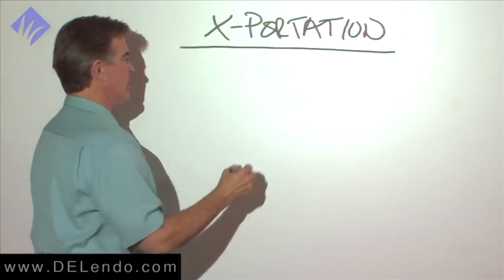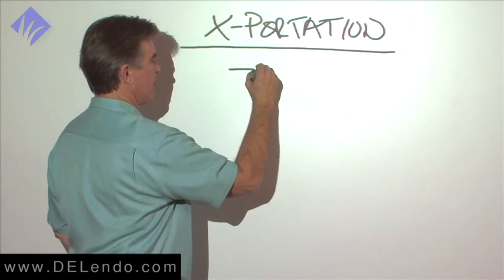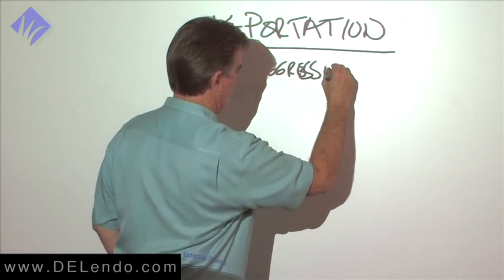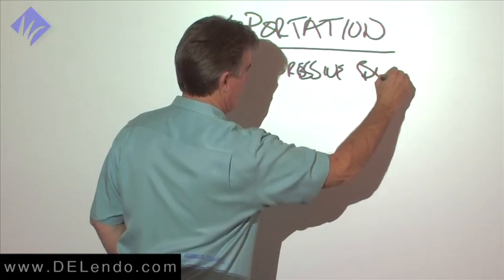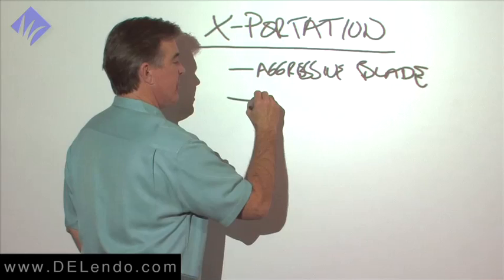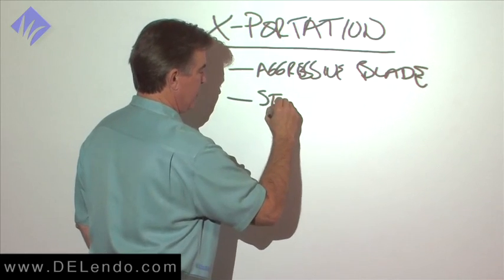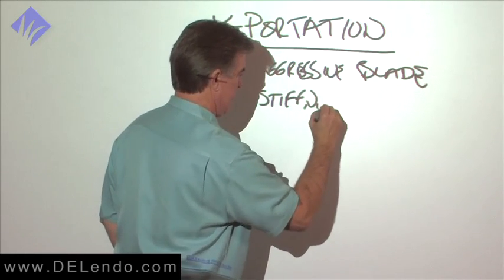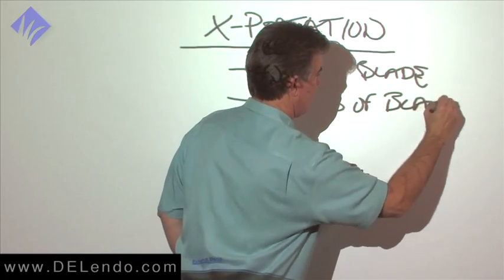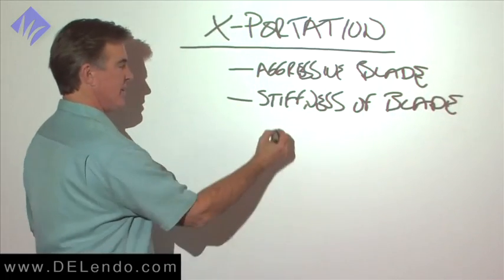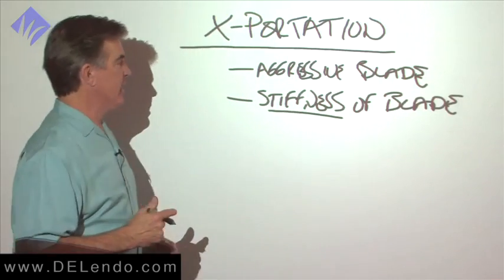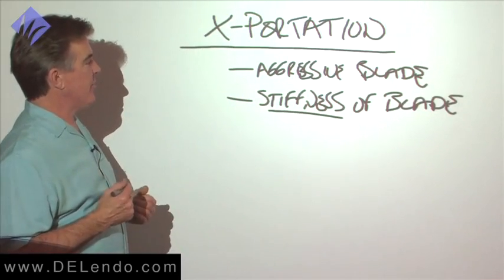Okay, transportation. Transportation requires an aggressive blade usually. And it also requires stiffness of the blade. Okay. Without the stiffness, it's not pushed. These sharp blades aren't pushed against the outside and the inside of curvatures.